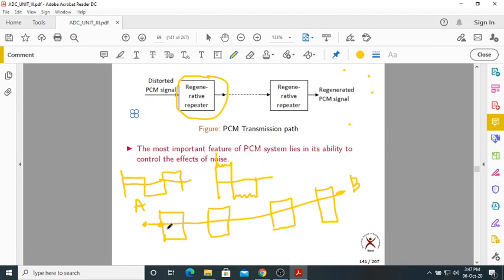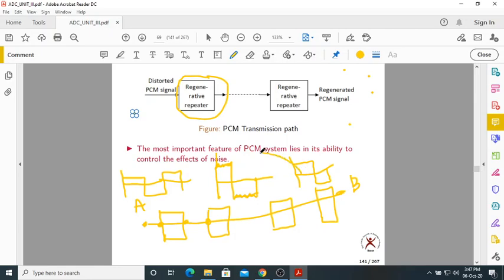Now, what will this regenerative repeater do? It will remove these small variations. It will reproduce a clean PCM signal. Now again you are transmitting from this point. By the time you reach the next point, it may be corrupted by some noise again.